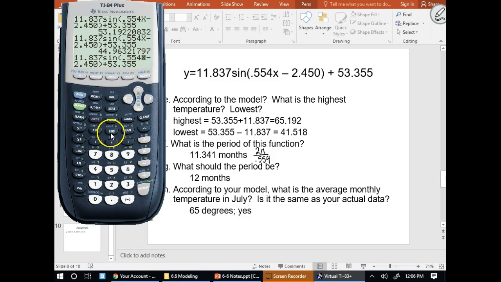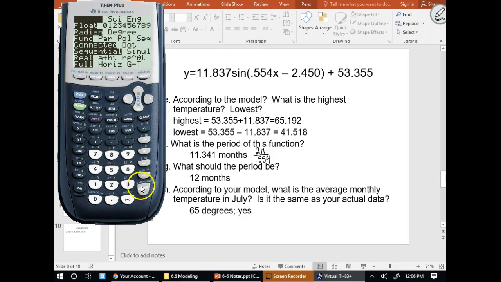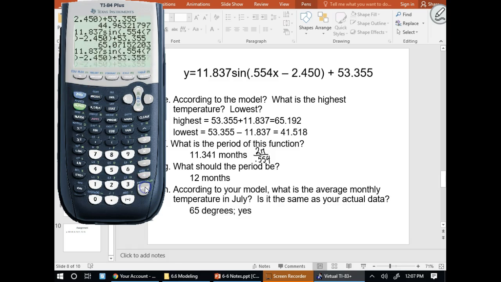Who knows what X is thinking X is? Okay, there we go. If I had it back in degree mode, I would still get the wrong answer. Yeah, so for degree mode, I'd have that 53.6, whatever. But you want to be in radian mode for this.